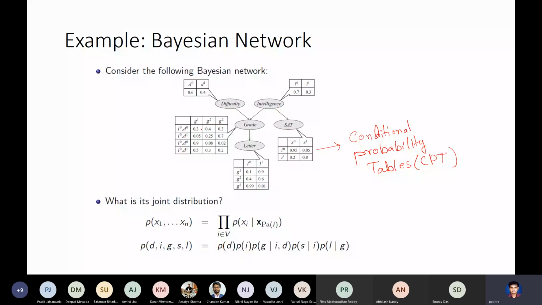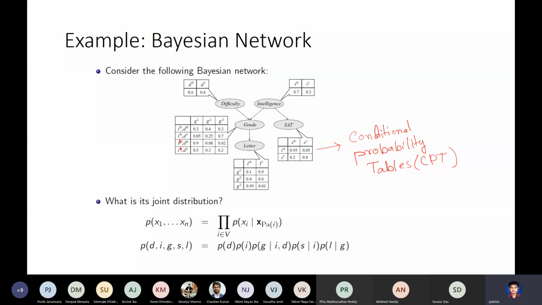Okay, so this table is for grade G, which can take three values G1, G2, G3. And it has two parents, difficulty D and intelligence I. And there can be four different combinations of the parents: I0, D0, I0, D1, I1, D0, and I1, D1.